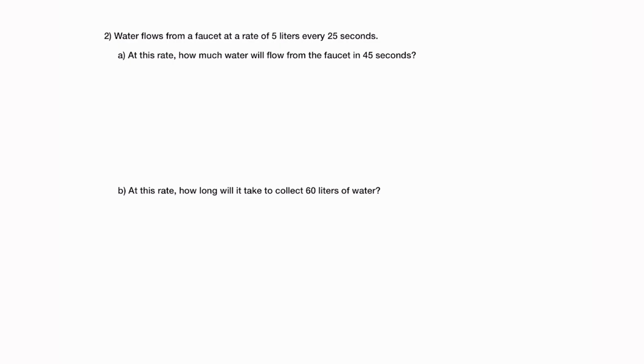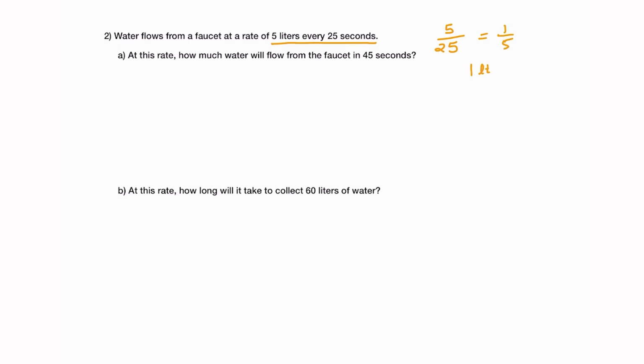Next, water flows from a faucet at a rate of 5 liters every 25 seconds. At this rate, how much water will flow from the faucet in 45 seconds? So it's 5 liters in 25 seconds, right? So if we simplify this, it becomes 1 over 5.